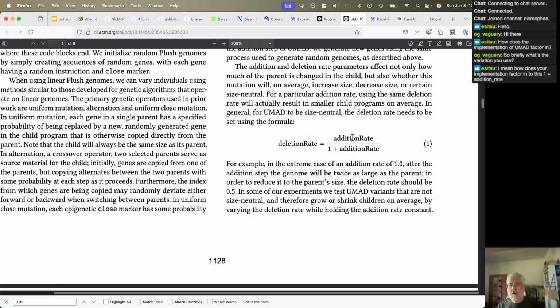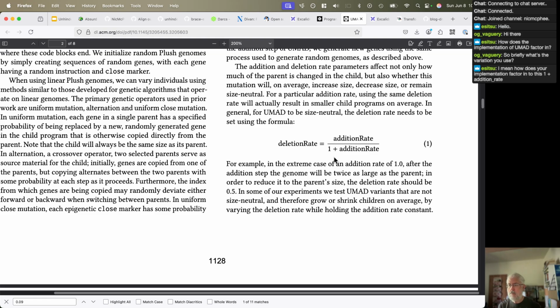we don't provide this default, deletion rate equals addition rate over 1 plus addition rate. We don't give you, let me back up. Given this relationship, there ought to be a constructor for UMAD where all you provide is an addition rate and it computes the deletion rate using this formula.